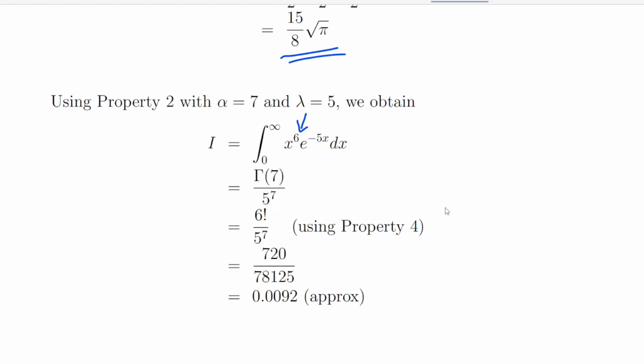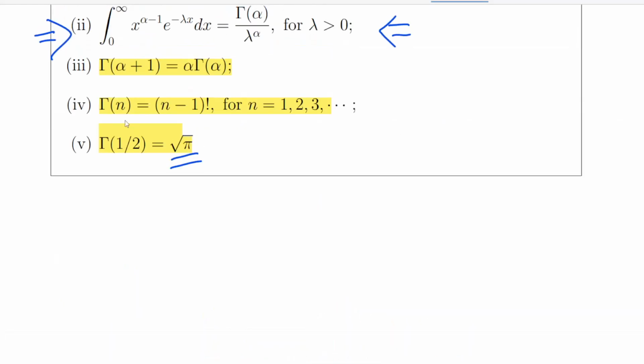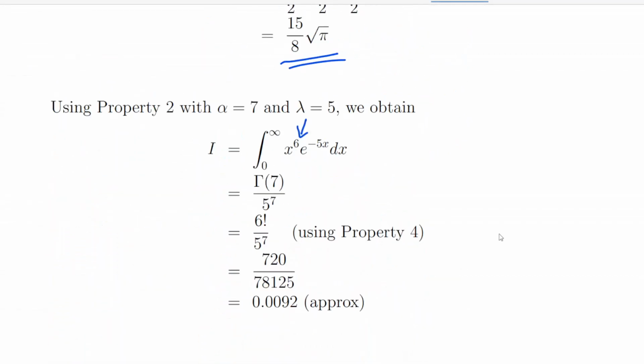Now, using property 4, which was the one specifically for integers, the gamma function of n, where n is an integer, is simply n minus 1 factorial. So the gamma function of 7 is 6 factorial.